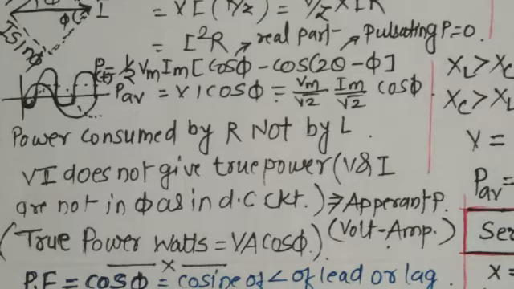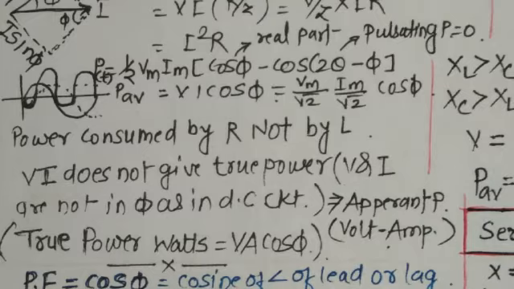Here half Vm Im cos phi is the real part of the power, and half Vm Im cos (2 theta minus phi) is the pulsating power, whose average is always 0.